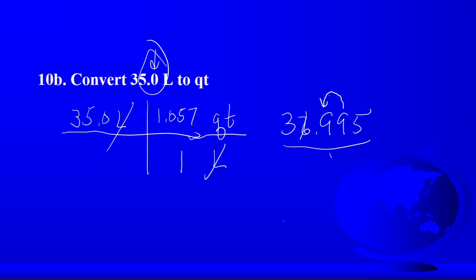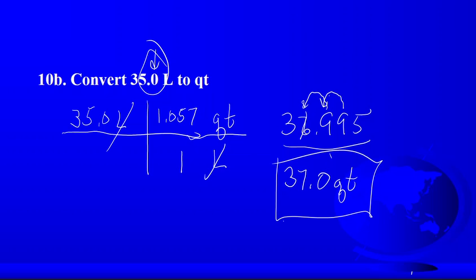That rounds up the 9 to a 10, and that means that the 10 rounds up the 6 to a 7, so D, 37.0. Is that your final answer? No, because we don't like naked numbers here. Quarts. D, nailed it. 37.0 quarts.